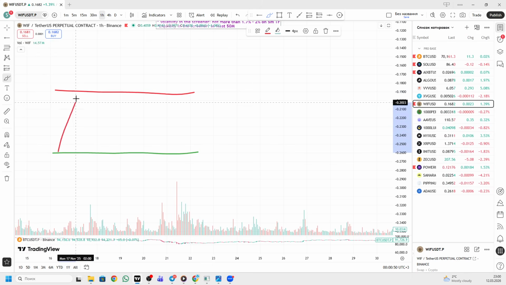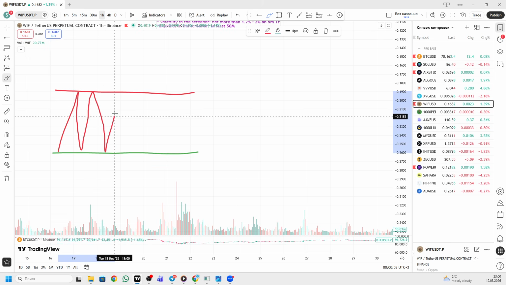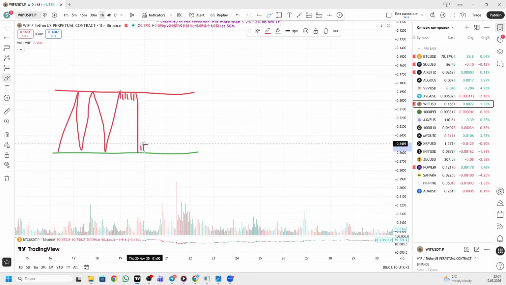Let's say we have very good movement. We have 2 strong levels of support and resistance. For example, there is a consolidation here. And it's again going down after that. Then again, we have consolidation here.